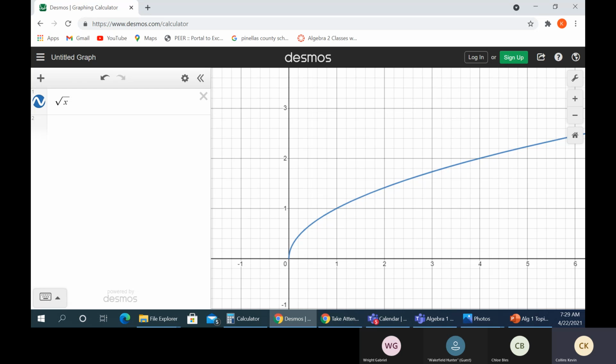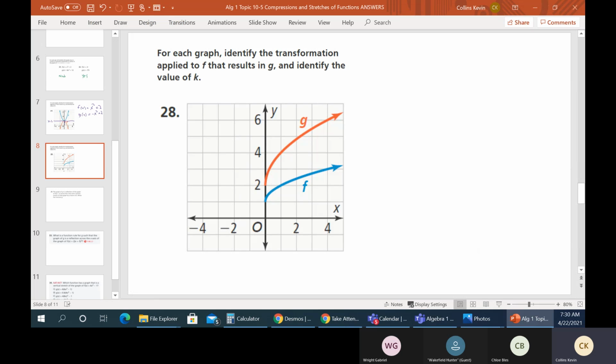Okay, so this guy here is your basic setup, because check it out. If this was sitting right here, this would be 1 and this would be 1. So this is going to be the square root of x. So f of x is the square root of x.